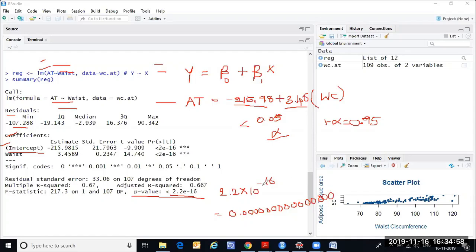The 16th position, you will get this 2.2. So is this less than alpha or more than alpha?